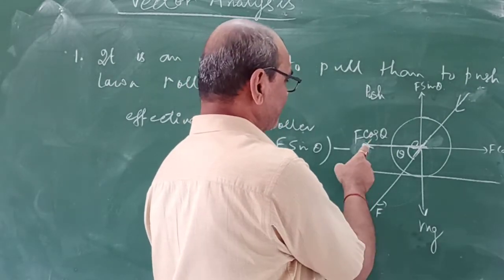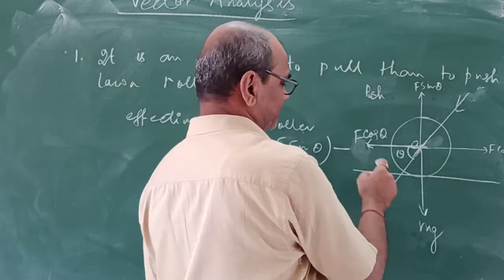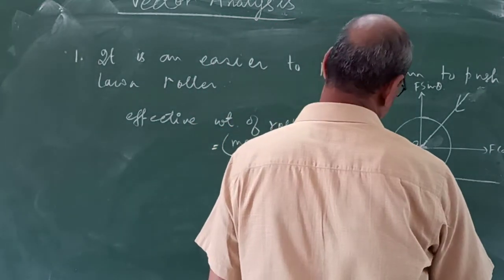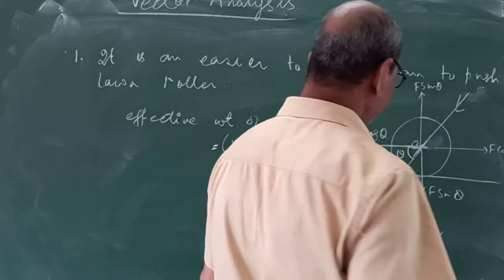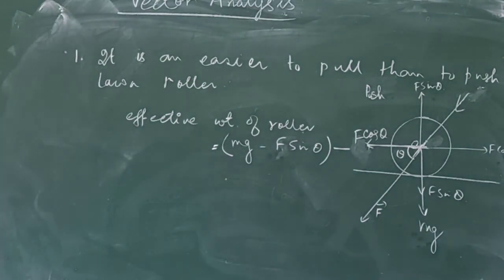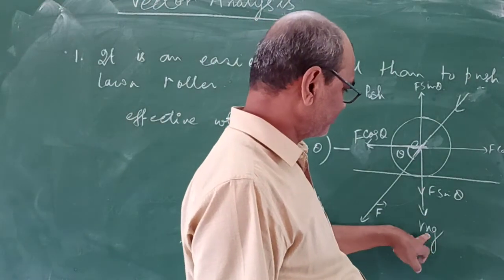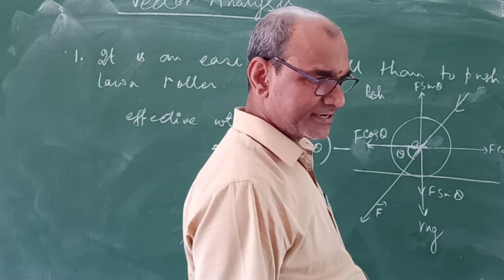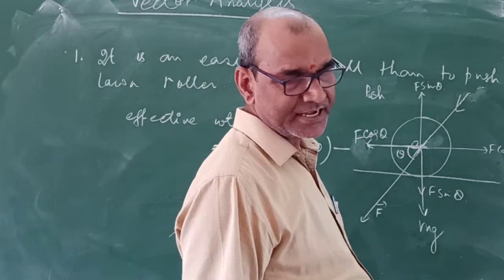This push force F is resolved into two components: one is F cos theta, another is F sin theta. Therefore, for the effective weight of the roller, you see these two vectors are directed in the same direction. The resultant is equal to the sum: mg plus F sin theta.